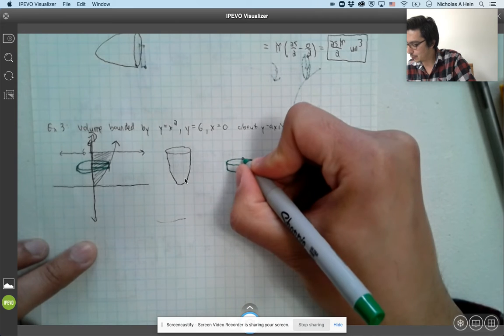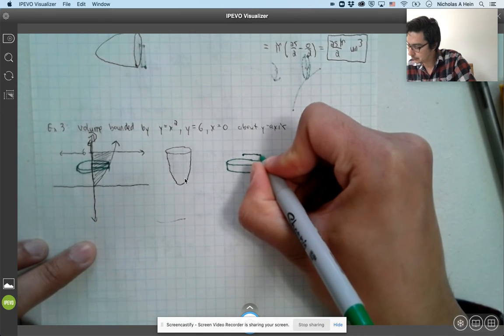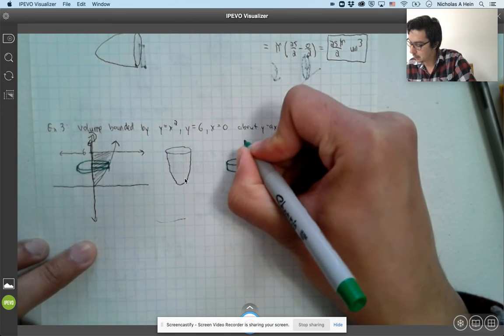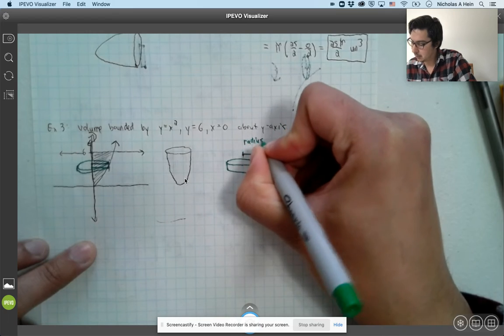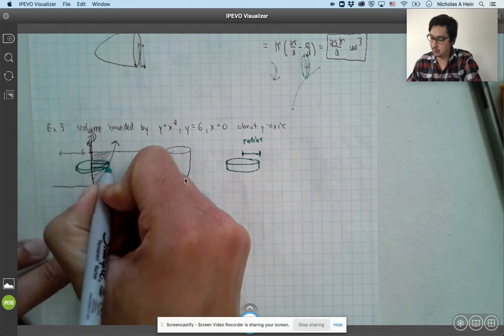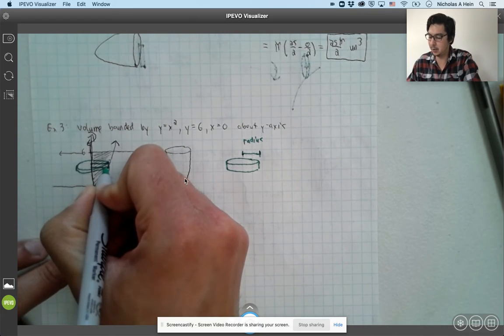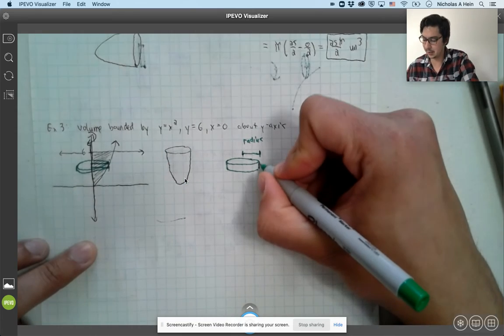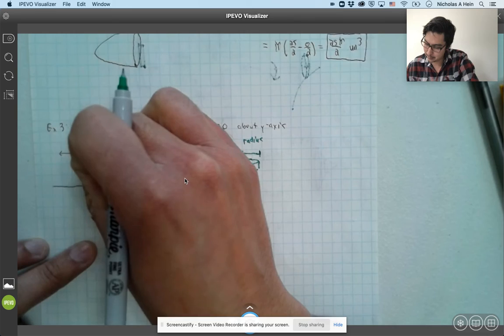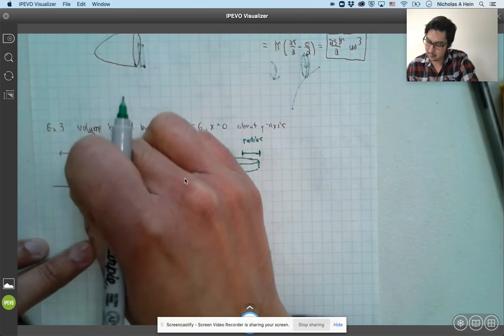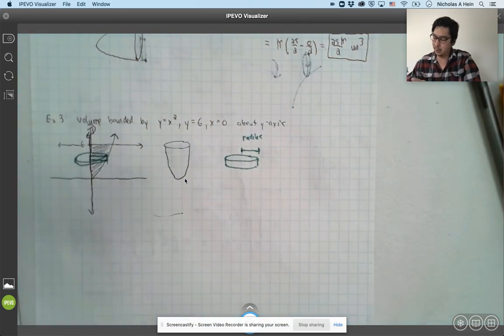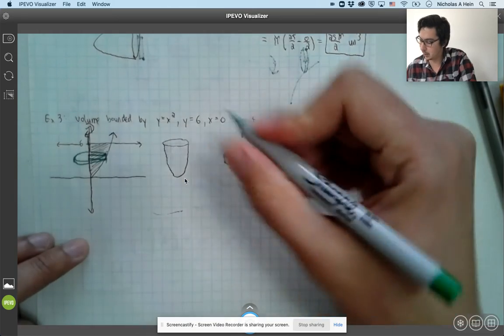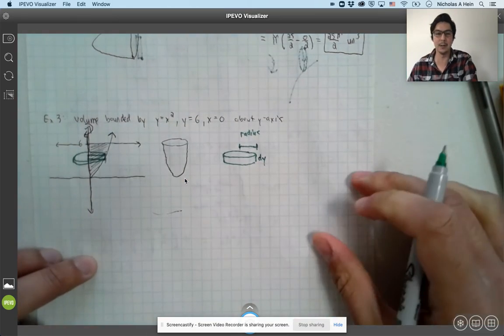All right. What's the radius of this cylinder? Your radius, well, it's just the function, the distance from 0 to the function. But let's talk about the thickness. How thick are these? Well, we're going to cut these up along the y-axis here. So as we cut them up, what's the width of every one of these? It's going to be that very small change in y.